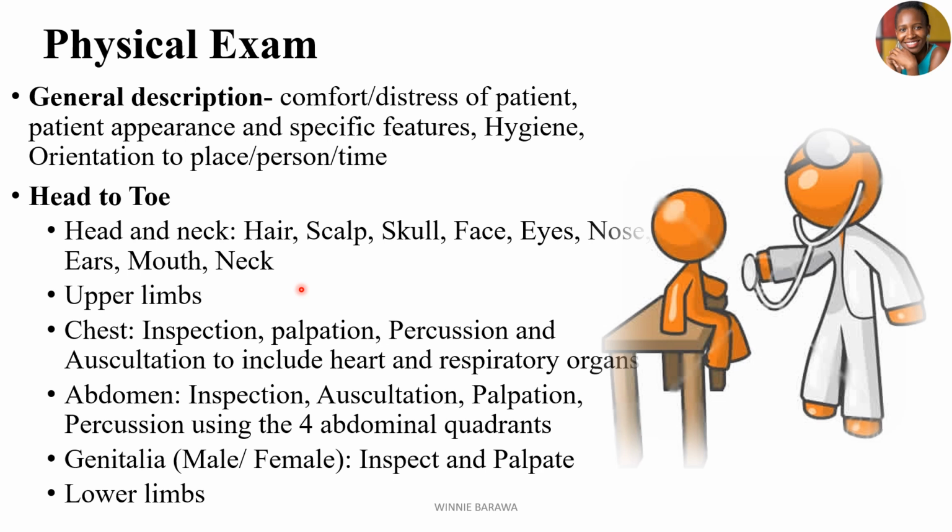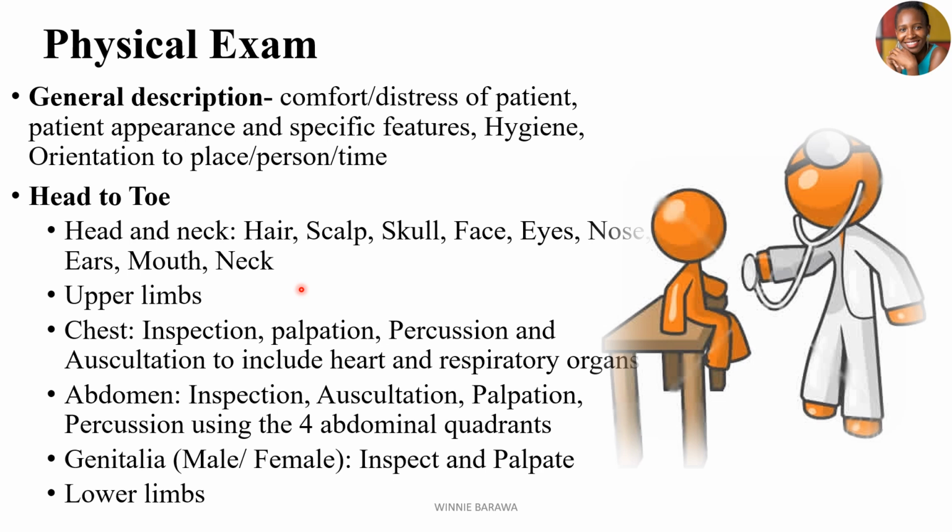There are two or three videos there that describe how to do the inspection, palpation, percussion, and auscultation. When you do auscultation of the chest, we are also supposed to include the heart and the respiratory organs because they are located in the chest together.